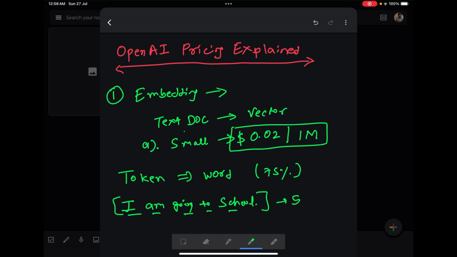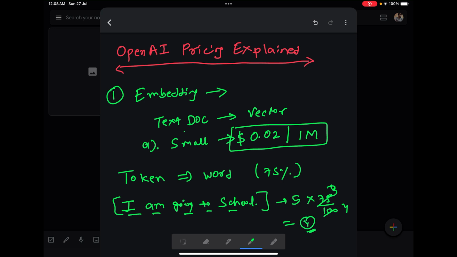Most likely the answer is yes. But for larger documents, obviously the size would be much larger, so they give you this formula that if you calculate 75%, 3 4, it would be approximately 4 tokens.